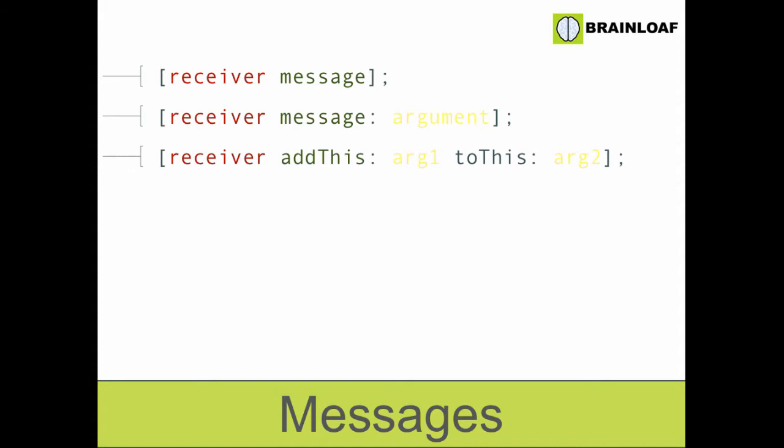So in Objective-C, it thinks of the message as that entire section from add this all the way up to argument 2. A little tricky, a little something to get used to, but it's the way they've chosen to lay out their parameter system, and what you end up with is actually named parameters, which can work pretty well.